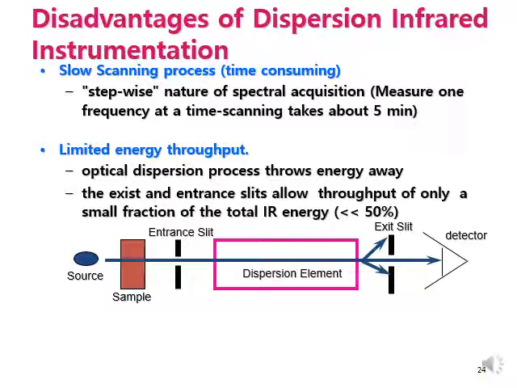So this is the problem when you use dispersive infrared. What we can see from this case is that the light will not be very accurate. I mean the signal that we get from the source is not totally near to 100%. Okay, so this is the problem.